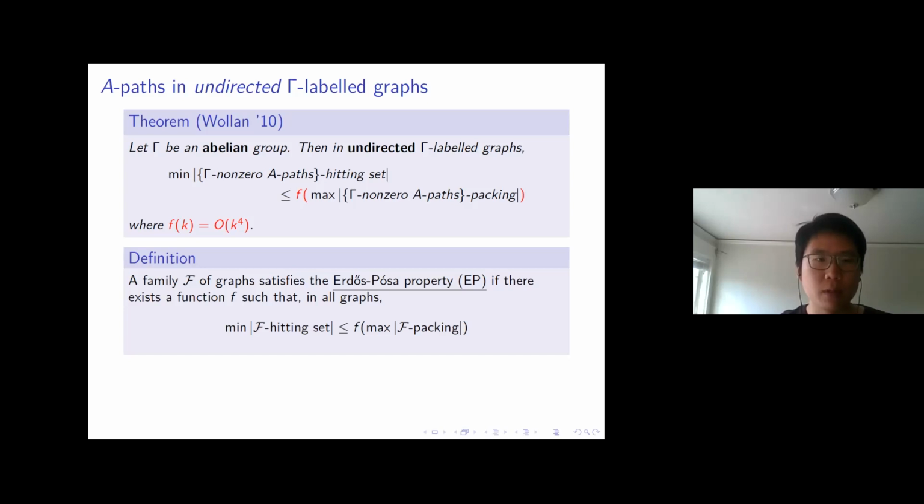The name comes from this classical result of Erdős and Pósa from the 60s, that the family of cycles satisfies this property. But for this talk, we'll mainly focus on A paths.